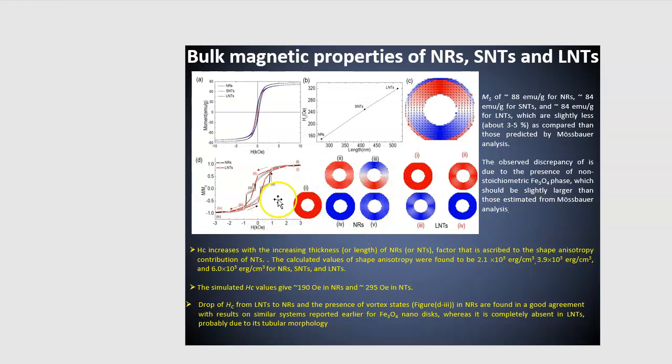If you see in figure D3, the nanorings show a vortex state, which is in agreement with previously published results for nanodiscs, whereas it is completely absent in long nanotubes, probably due to the tubular morphology. You can see the different spin configurations as a function of hysteresis at different points.